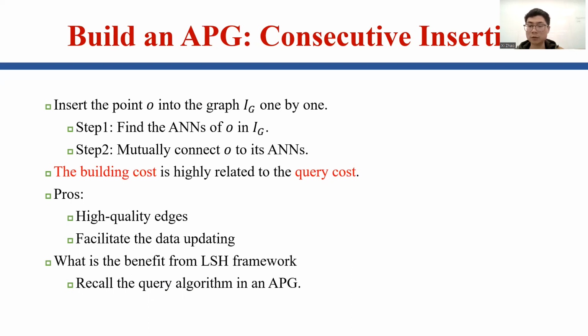So the building cost mainly comes from the query cost. This manner can find high quality edges and facilitate data updating because we can insert new points easily when the data is updated. Our method adopts this manner to build the graph index. How can we improve its performance with an LSH framework?